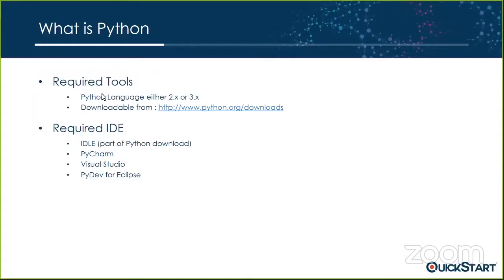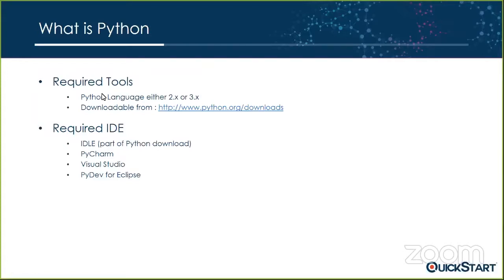You require an IDE, and a number of IDEs are there. For instance, IDLE is a kind of IDE which is part of Python. Whenever you download Python, IDLE is downloaded as well. But there are other IDEs available as well. For instance, PyCharm is one of the IDEs. Visual Studio is a very popular one.